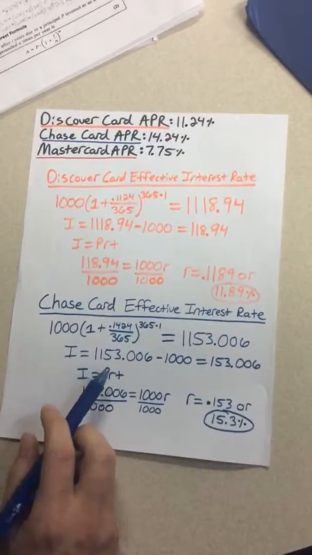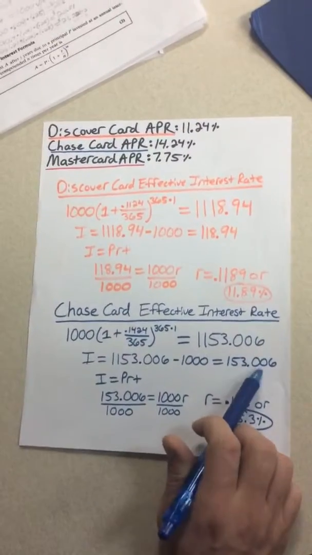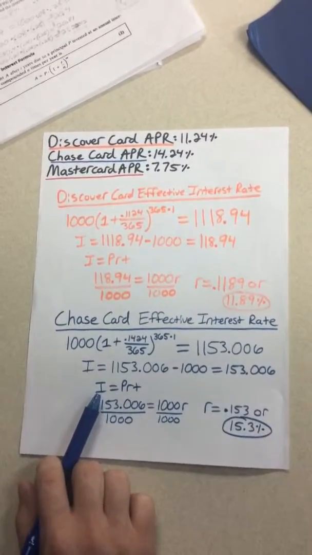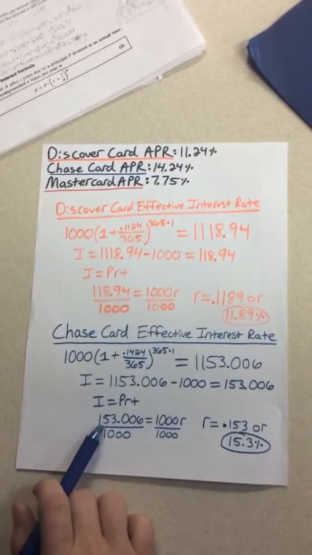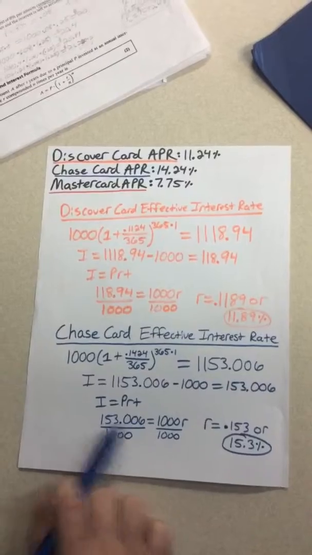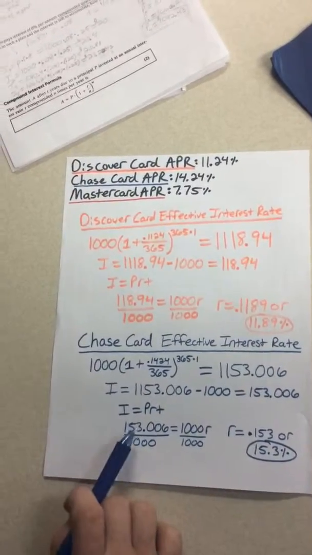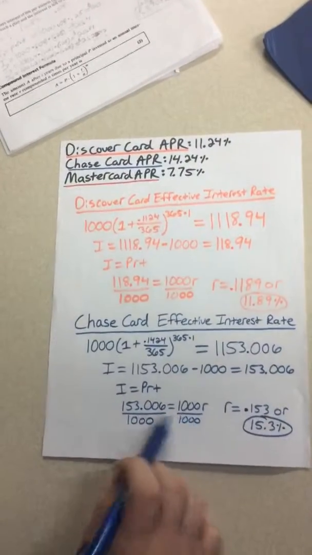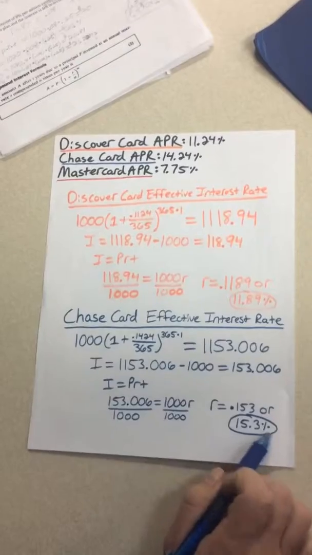To find the interest, we did that number minus 1,000, which came out to be 153.006. So to find the PRT, we did 153.006 equals 1,000R. We solved algebraically to isolate R by itself, and we got 0.153, also known as 15.3%.